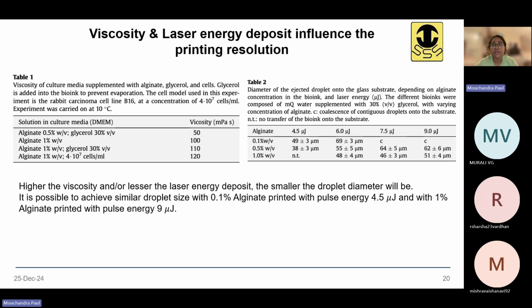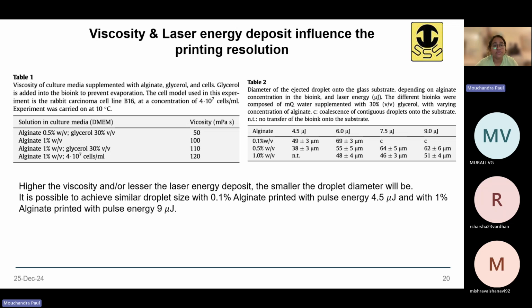They are using a rheometer, and the viscosity measurements were all done at a low temperature, 10 degrees Celsius. These are all solutions in DMEM.